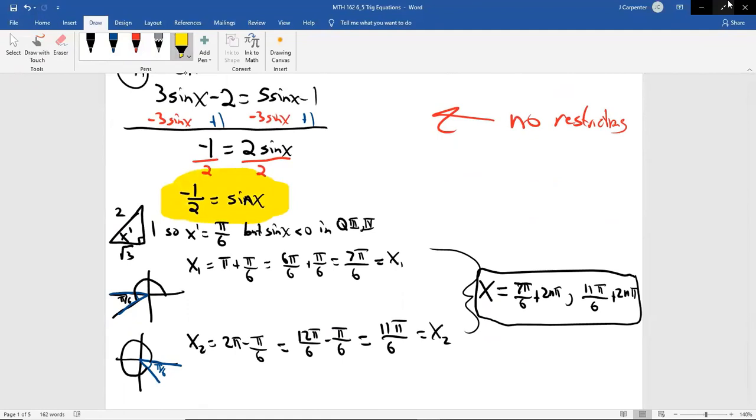So this is another case of, if on a test I gave you one problem that was simpler and you got this, and another problem where you've got more going on and you notice something that you've already done before, don't reinvent the wheel.